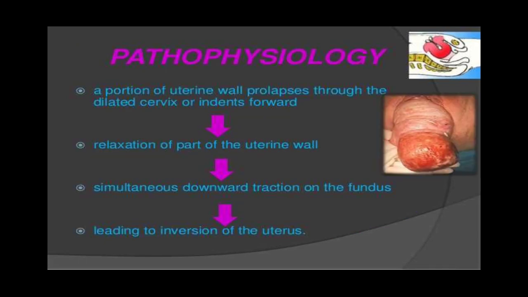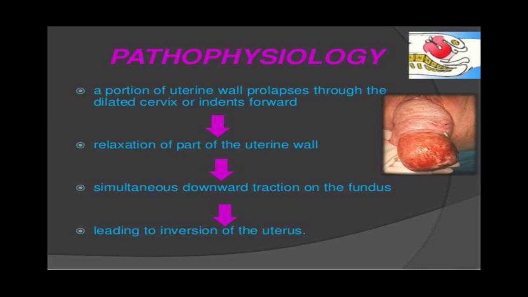Okay, so pathophysiology here: a portion of the uterine wall prolapses through the dilated cervix or indents forward. So when the inversion takes place, a portion of the uterus or the wall of the uterus or the fundus of the uterus will start descending down, inside out. Then relaxation of the part of the uterine wall will take place.